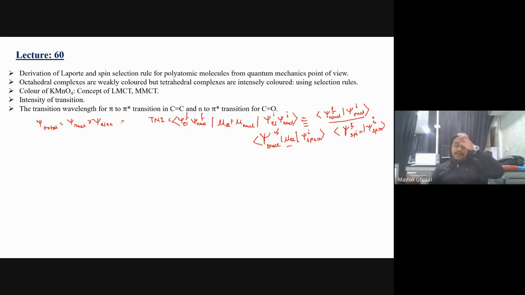So if you divide the electronic wave function into two categories, space and spin, you will see that this condition will arise.